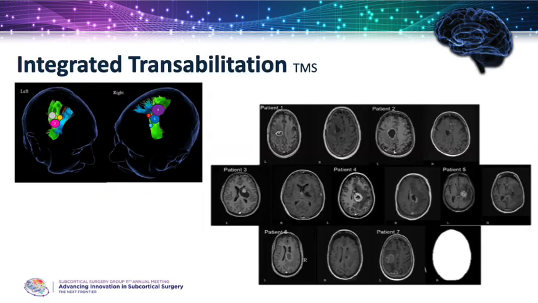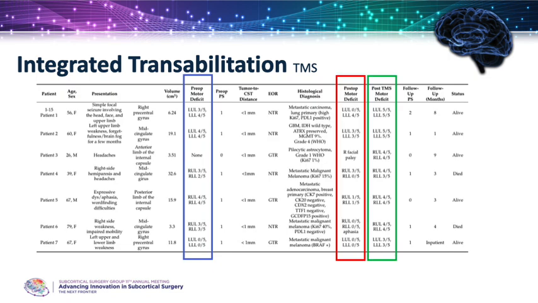If we go to the next slide, you can see how eloquent those tumors are in terms of their location, and some representative axial images pre and post-op. This is some of the data to illustrate the recovery that occurs, the post-op deficit, and then the recovery that we get.